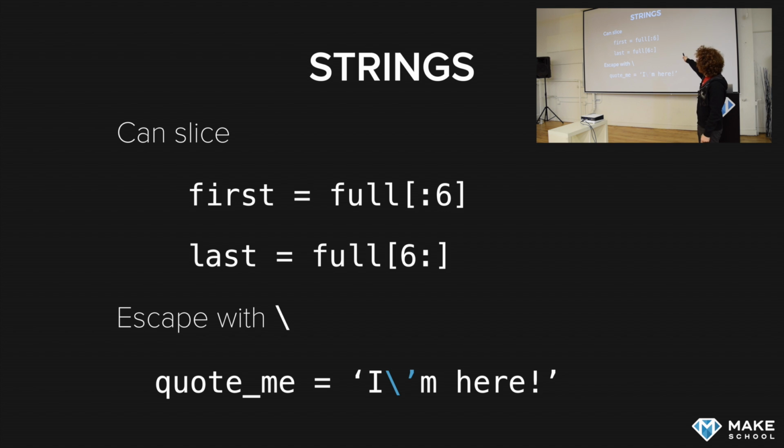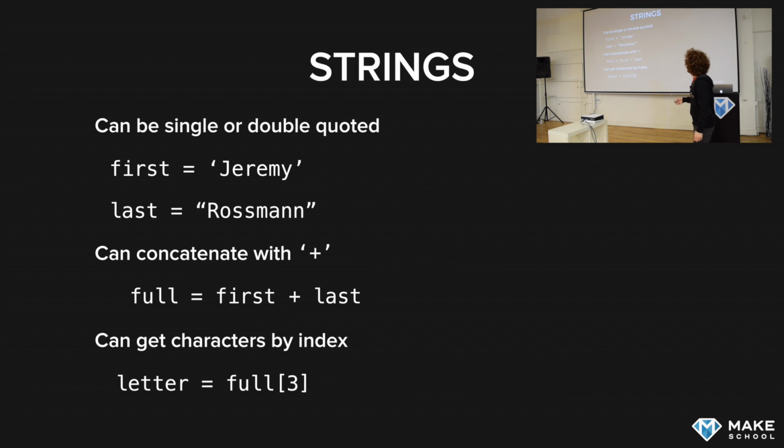And the way that these are set up, if we count, Jeremy is 0, 1, 2, 3, 4, 5. So there's 6 letters, but the last one is at index 5. But with slicing, it's exclusive. So slicing 0 to 6 will return letters 0, 1, 2, 3, 4, 5.